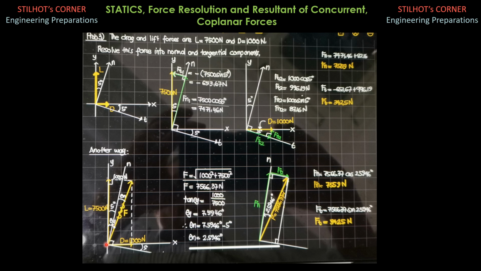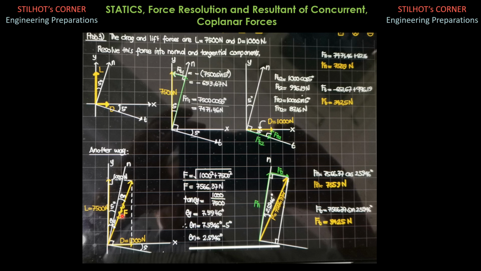So first, I compute the resultant between the lift force and the drag force, and it is represented by the diagonal of this rectangle because the x and y axis are perpendicular to each other.